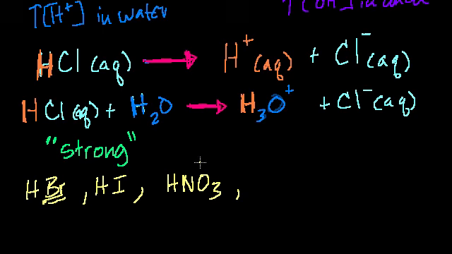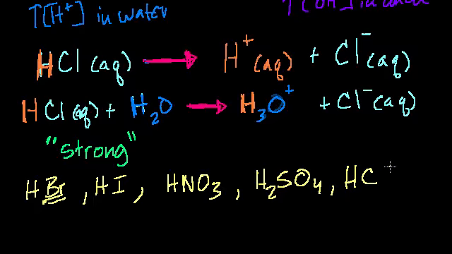Nitric acid, then you have sulfuric acid. You've probably heard of that, very strong acid. Sulfuric acid, and then perchloric acid, HClO4. These are the strong acids. And these are good to know because if you see them on a chemistry exam, you know that these are going to completely dissociate. And remember, we keep using this word acid.